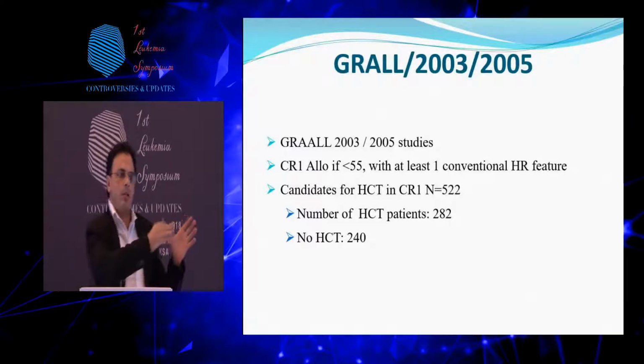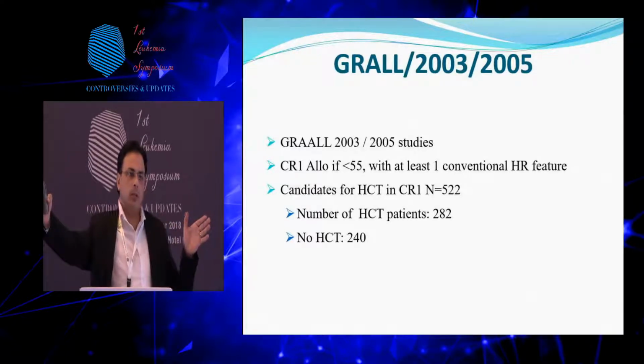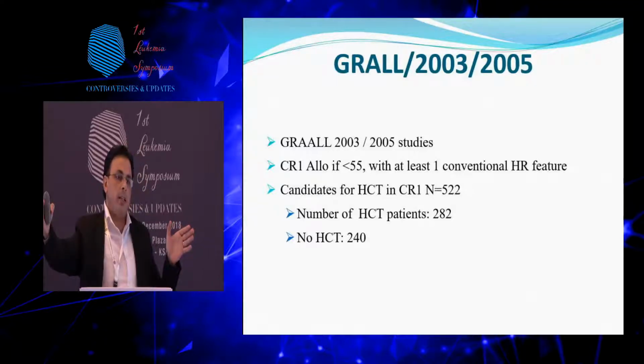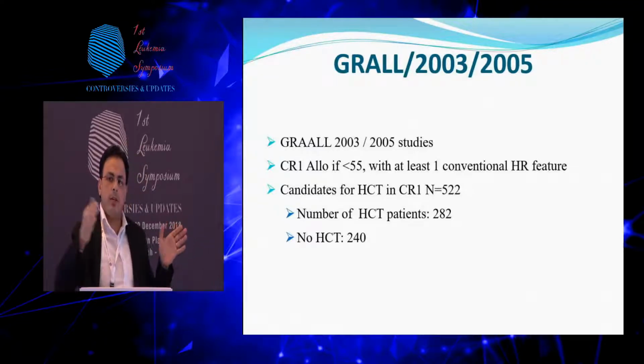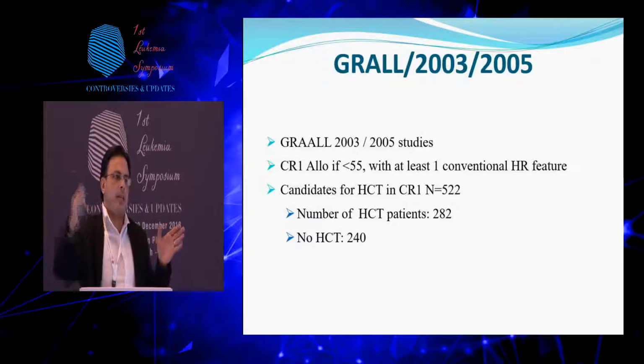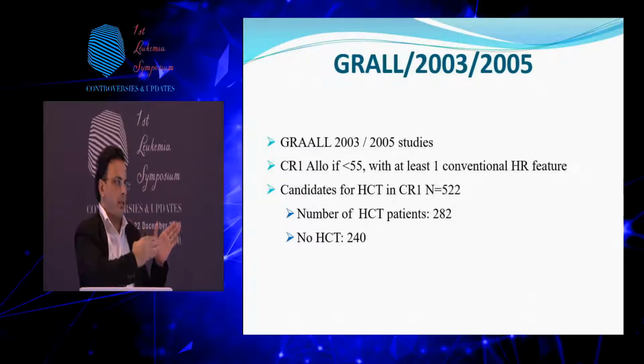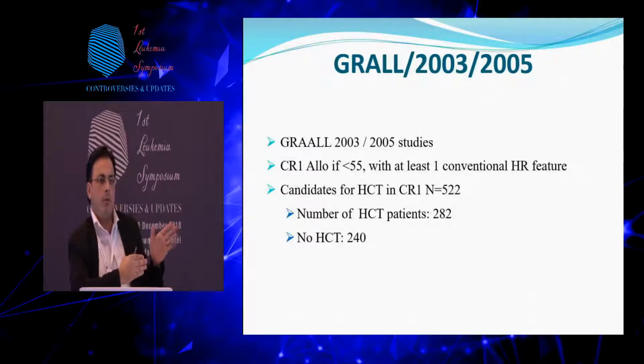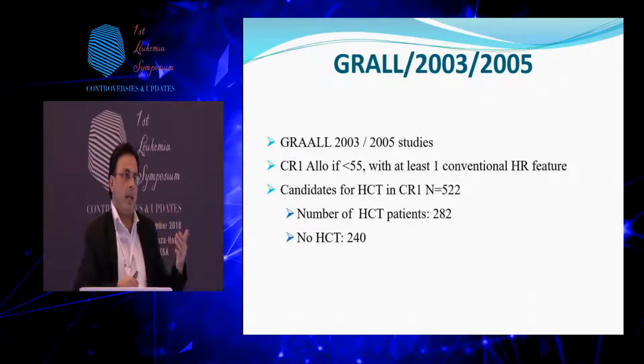These patients were treated on pediatric protocol, but the indication for transplant was based on the conventional risk factors. The investigators went back through these patients to see who did benefit from transplant, so that we can tell, on a pediatric protocol, who benefits and who doesn't benefit from transplant.